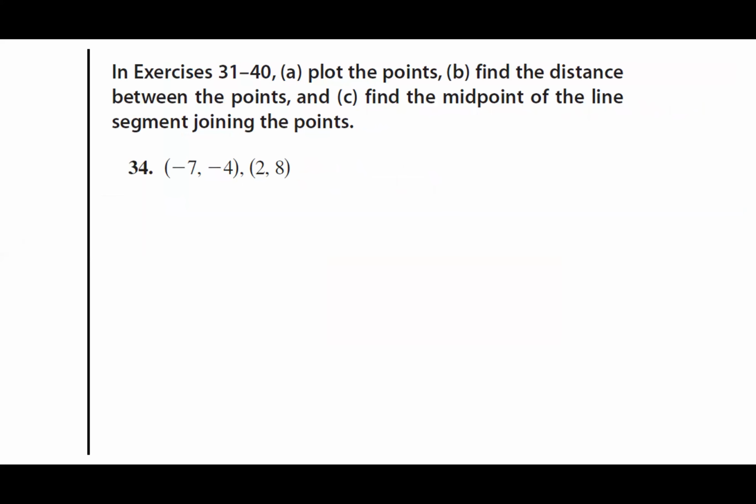Here's yours. Plot the points, make the graph here, find the distance between the points first, then find the midpoint between the points. So that's 3 things to do, all yours. Once you finish it off, you can compare notes with your partner or your invisible partner. Some people have invisible partners.